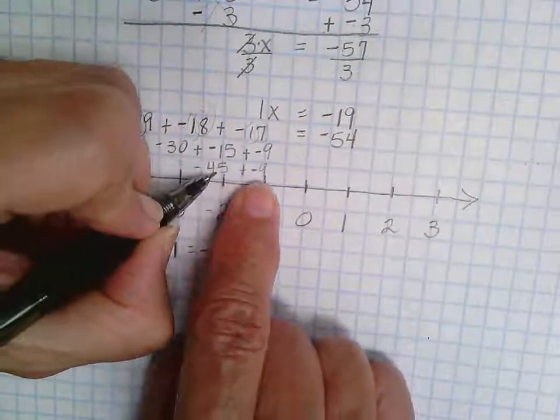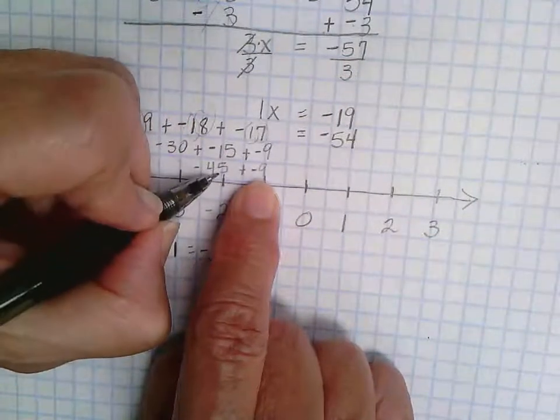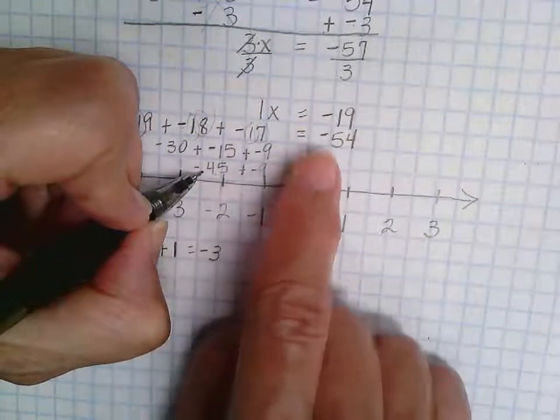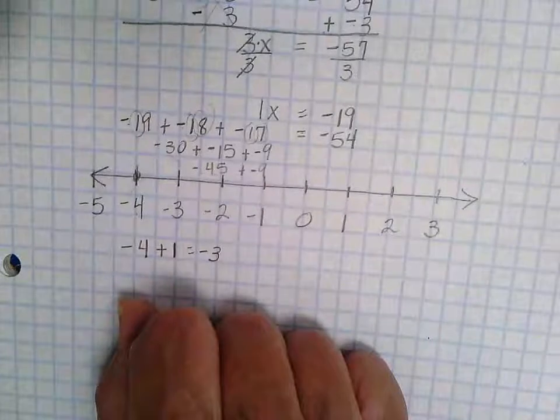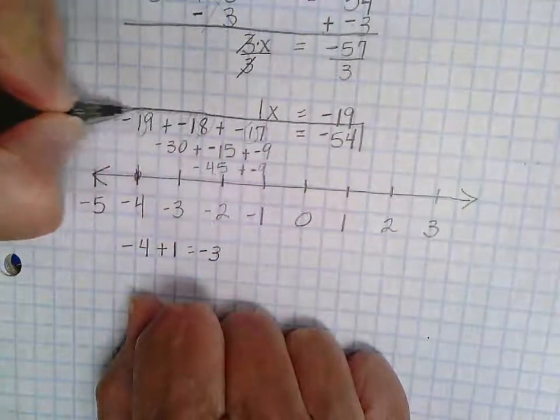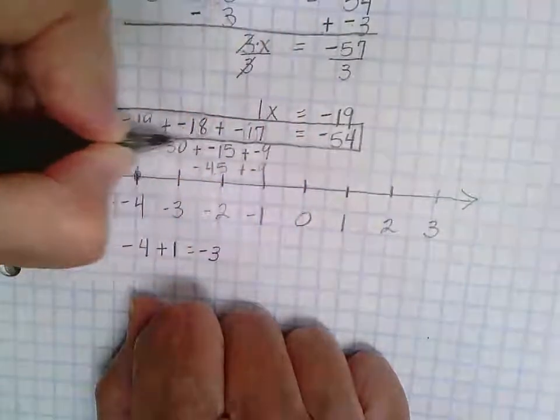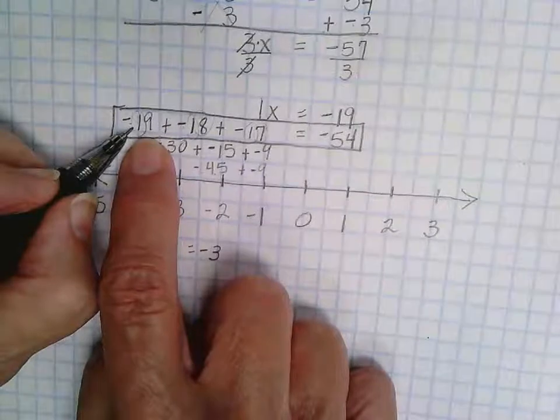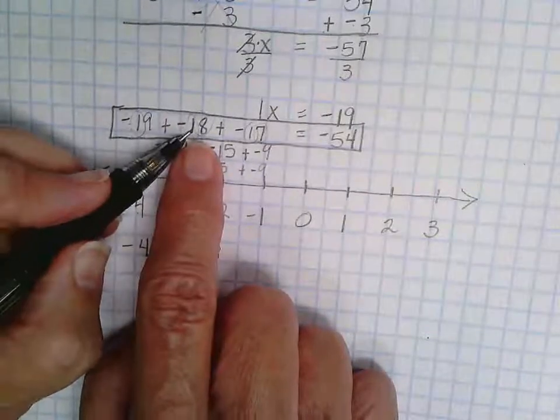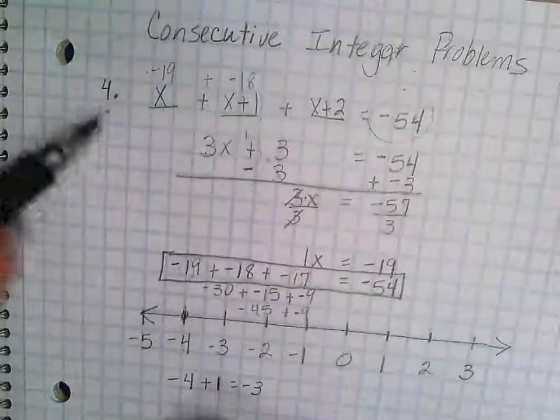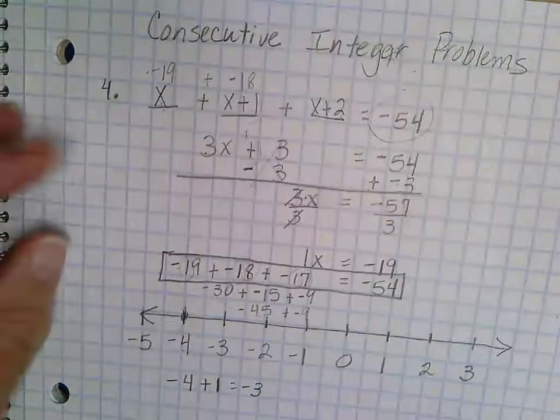So I just combine my absolute values, 45 and 9, and that's 54, and I take the sign of each, which is -54. So these are my 3 values. My 3 consecutive numbers are -19, -18, and -17. That's number 4.